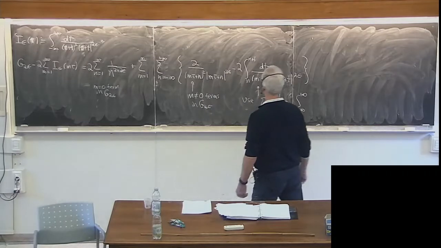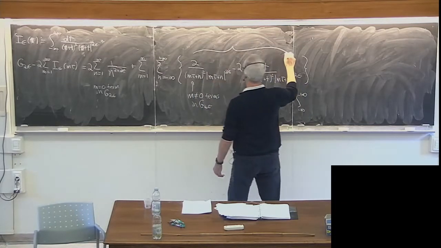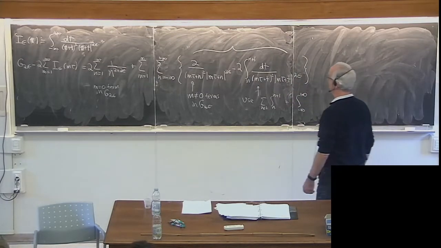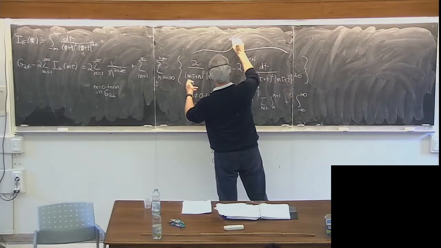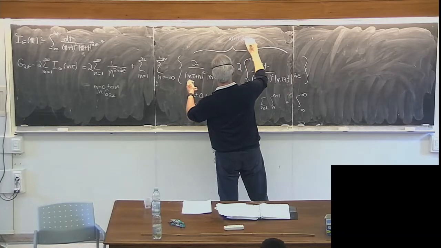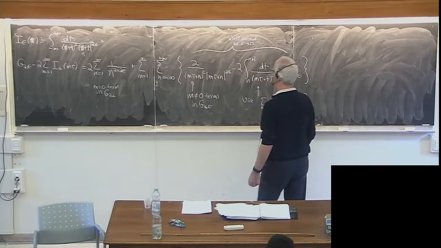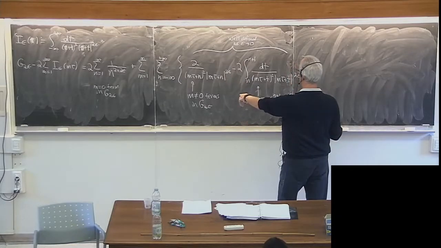So now this, in the curly brackets, is perfectly well defined as epsilon goes to 0, essentially by the integral test for sums.